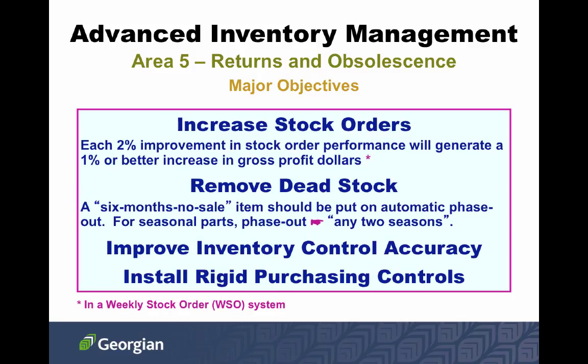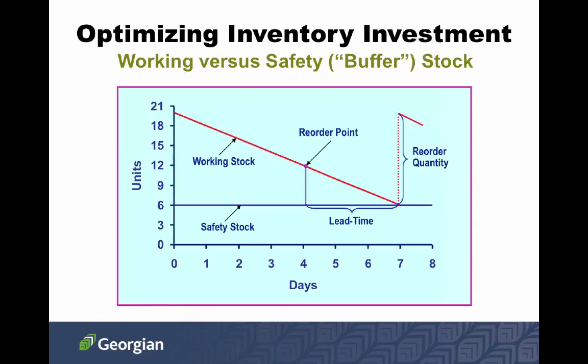So let me begin explaining this with the following graphic, which has the heading of working versus safety and buffer stock. You can see the red line here, that's my working stock, and the safety stock. There are different labels used, safety or buffer stock, say a minimum of 6 pieces.